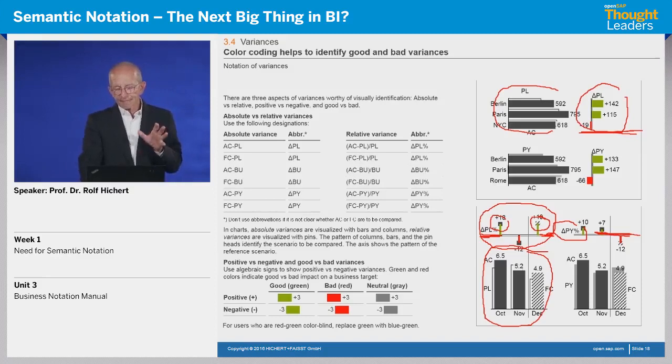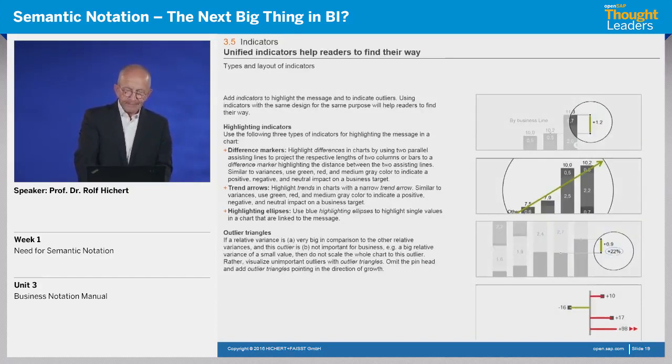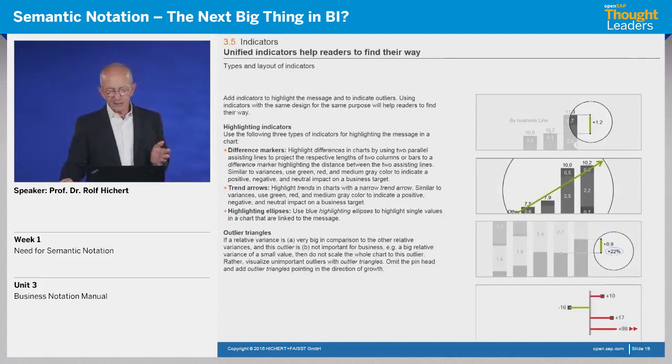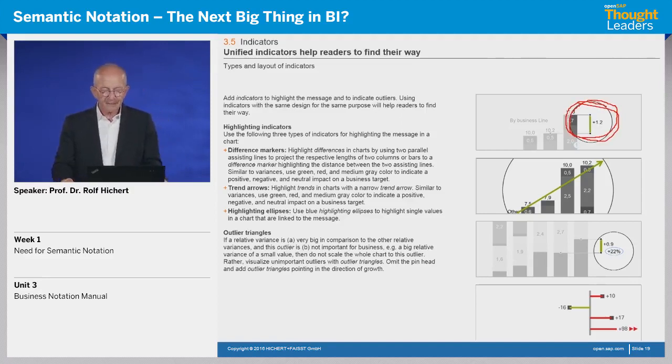Now the last chapter of these 5 chapters in the major semantic parts is indicators. We have 3 or 4 basic types. It's differences, that means difference markers showing there's a difference of 1.2 billion or something.